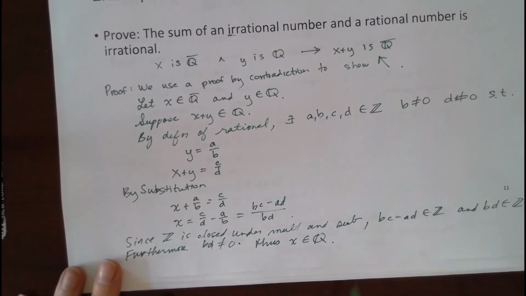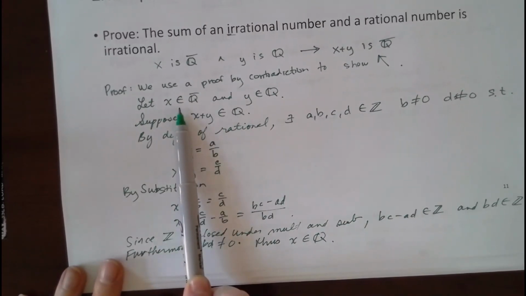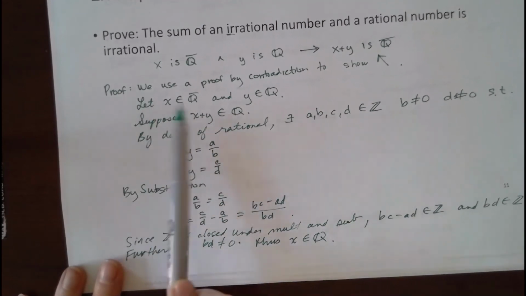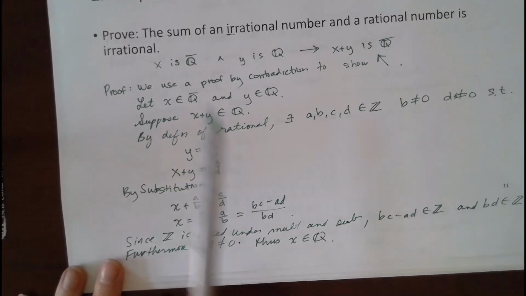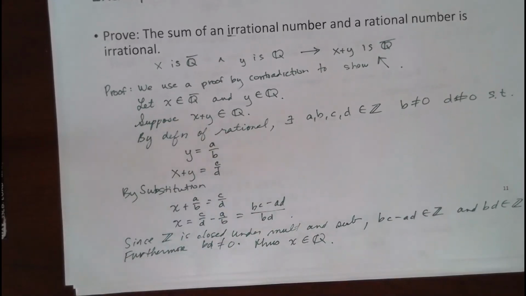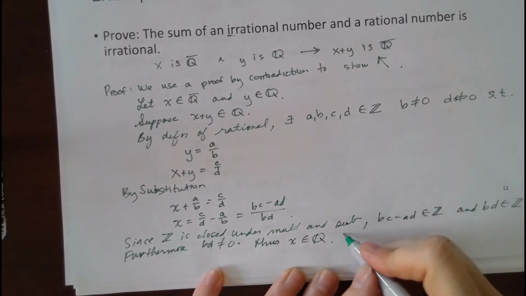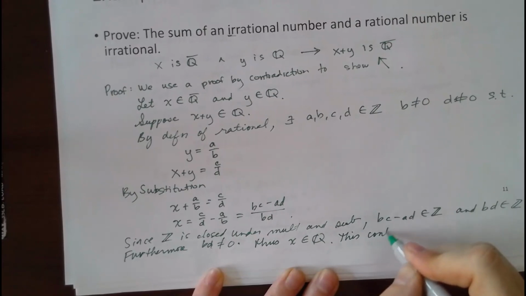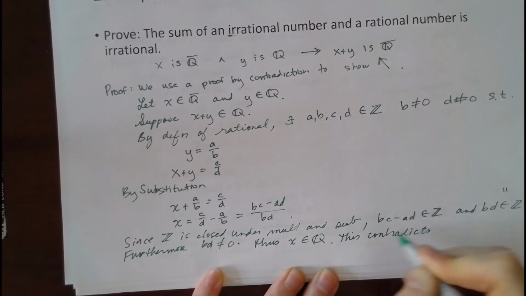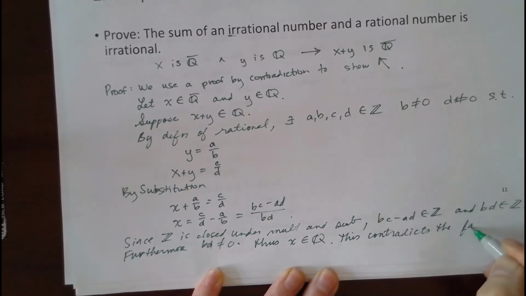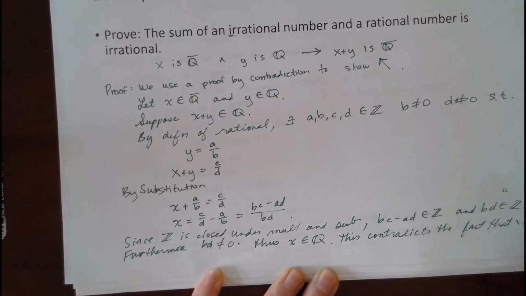Now, if we go back here, what did we say? Let x be an irrational number. We can't have that x is both rational and irrational. That's a contradiction. So this contradicts the fact that x is actually an irrational number.